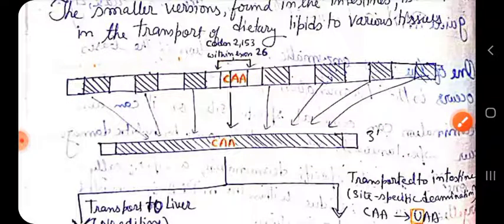So I am repeating this. Depending on the tissue types, such as the liver or the intestine, there would be cytidine deaminase activity. Now, within the intestine, this cytidine deaminase activity is quite high and converts the cytosine into uracil.